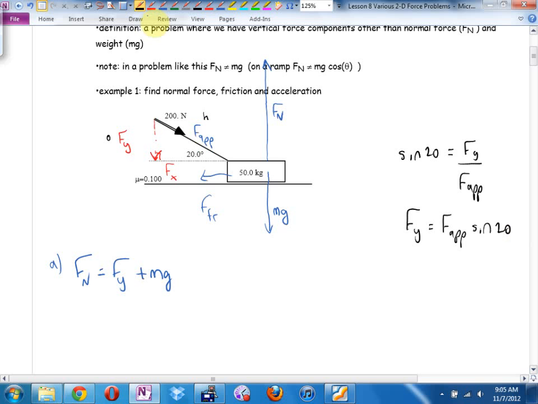which means now I can plug stuff in. Normal force is going to be 200 sine 20 plus 50 times 9.8. Which is what?